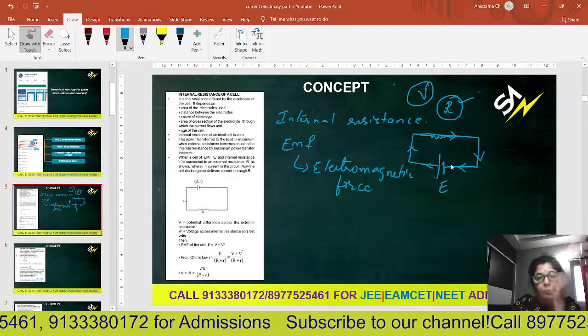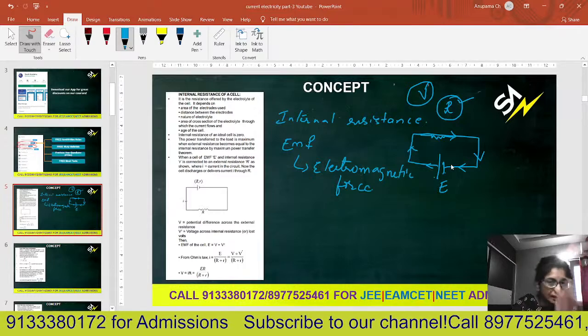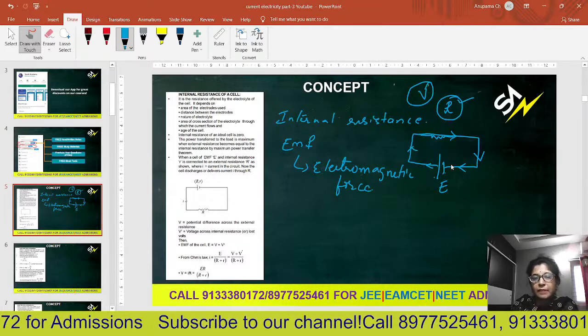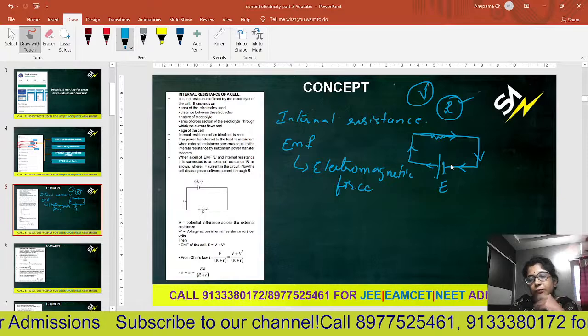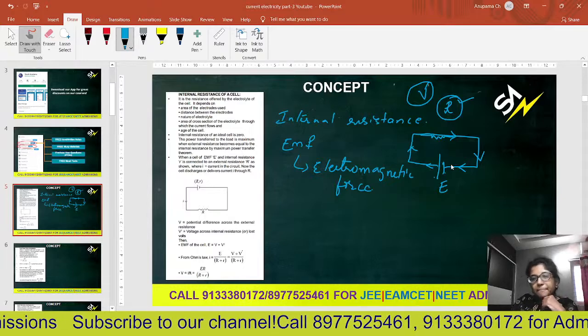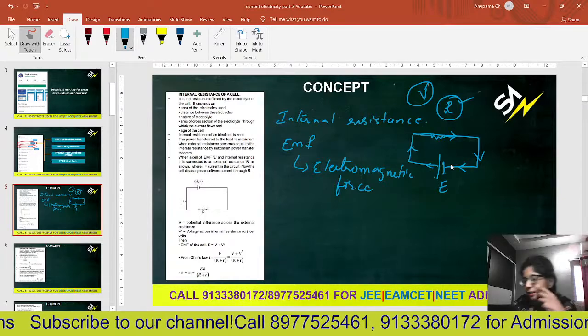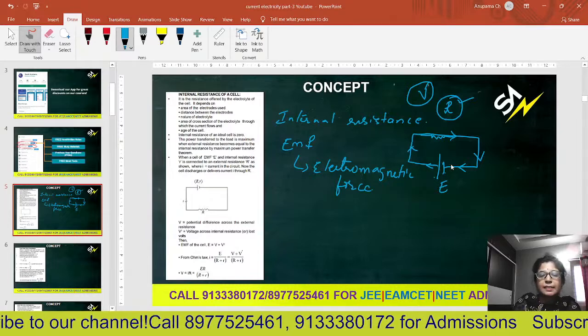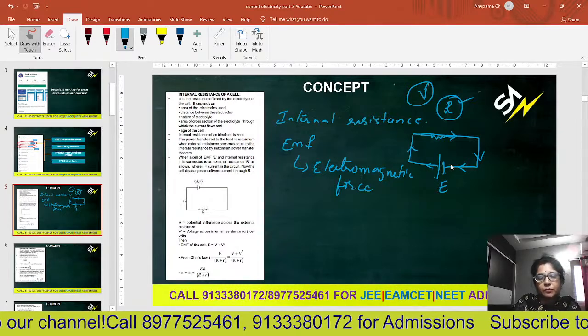The work done to bring them from the negative to the positive terminal inside the battery is called electromotive force. It is just like potential. So that is about electromotive force.